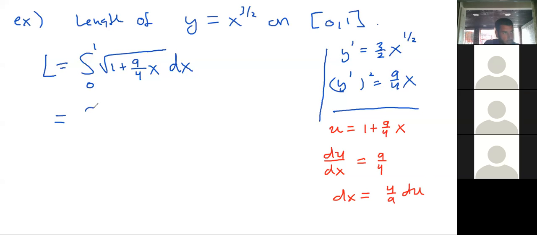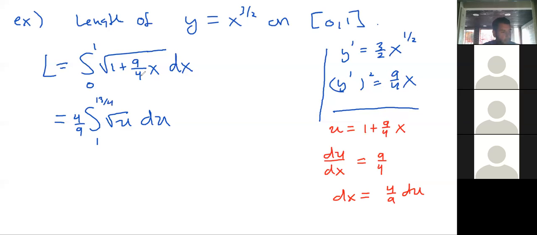And so what does this integral become? It becomes 4/9 the square root of u du, but we have to change our bounds. Our bounds become 1 and then 13/4.